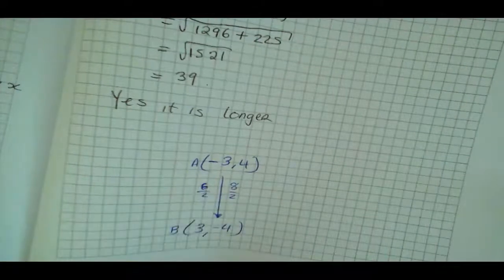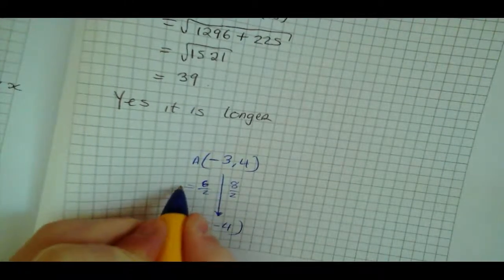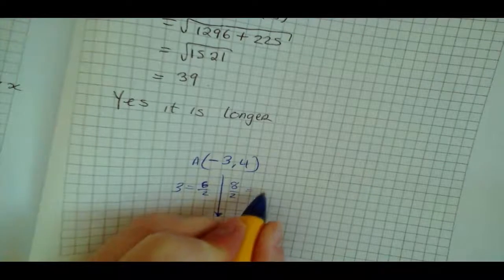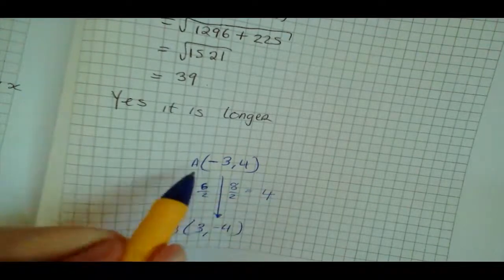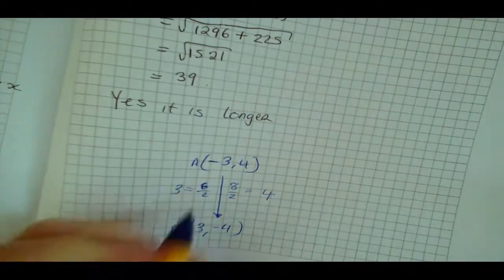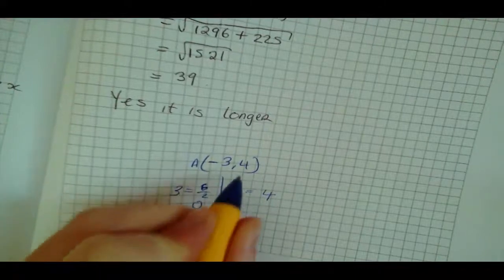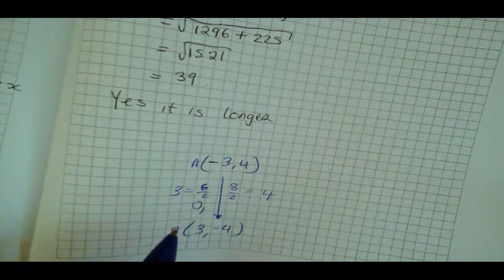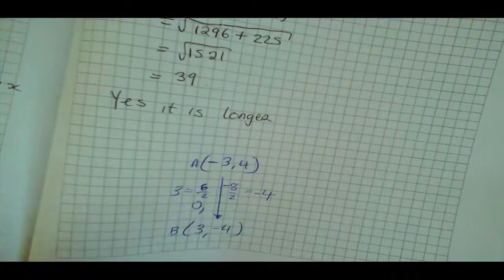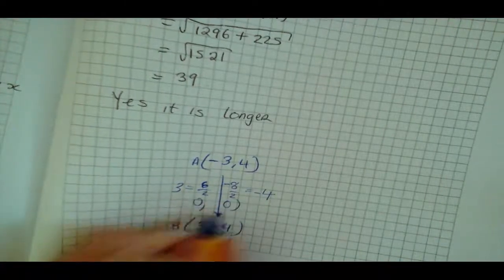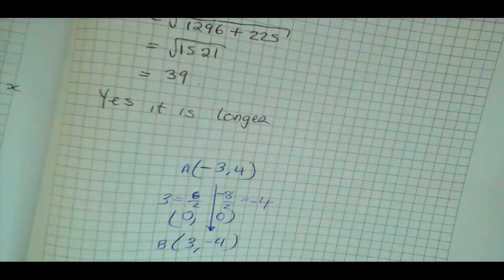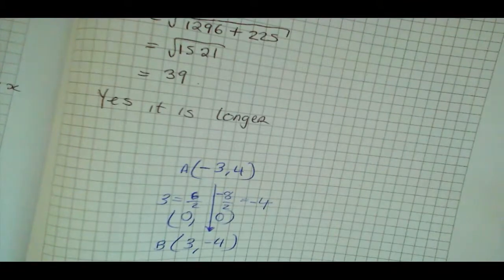So if we divide both of them by 2 then, 6 divided by 2 is 3, and 8 divided by 2 is 4. So your center then is minus 3 plus 3 is 0, and 4 minus 4 is 0. So the center there is 0, 0 of the circle.